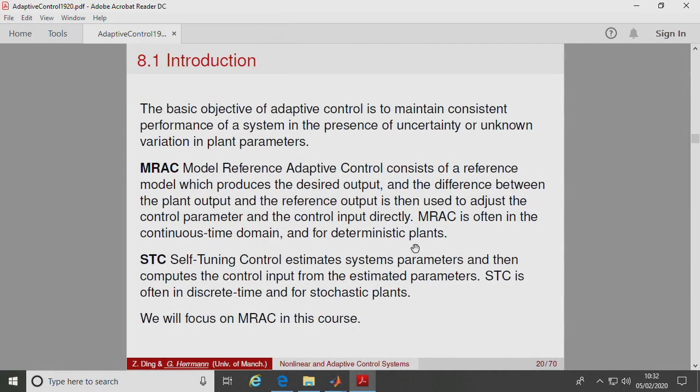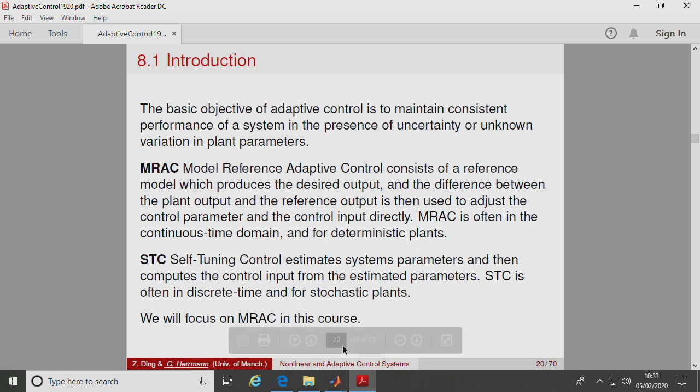I will have one self-tuning controller example later, after we have discussed model reference adaptive controllers, as an example for the robotic system. In the first place we will focus on model reference adaptive control, and we will see that we create controllers which follow this kind of dynamic behavior.